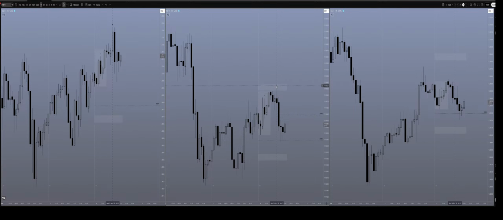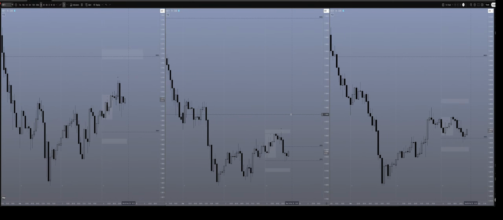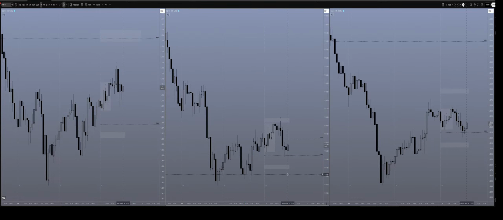So if we are expecting a continuation, it's not really a clear draw of liquidity. I mean, we've got previous day's low, a few ticks away though.